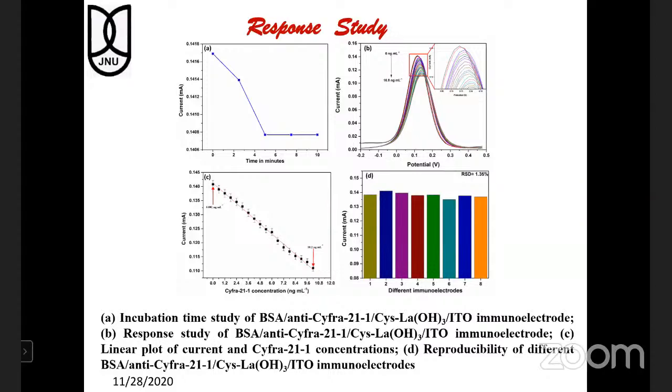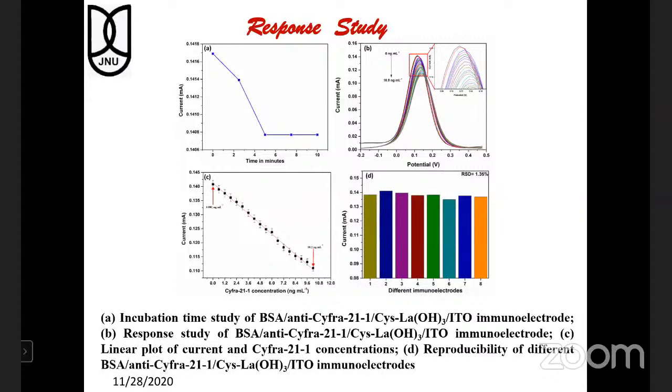So the physiological range of the parameter is in between, around 3.8, and the sensor can detect beyond the physiological range of CIPRA 21. Now, to make our electrodes more reproducible, we did different experiments with different electrodes, like 8 electrodes we have fabricated.